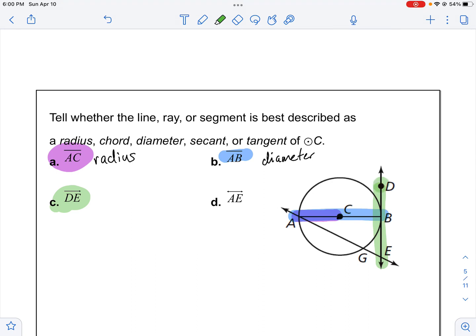D is not on an edge. A secant is a line that intersects the circle twice. Well, let's see. This intersects only once. So that means this is a tangent.